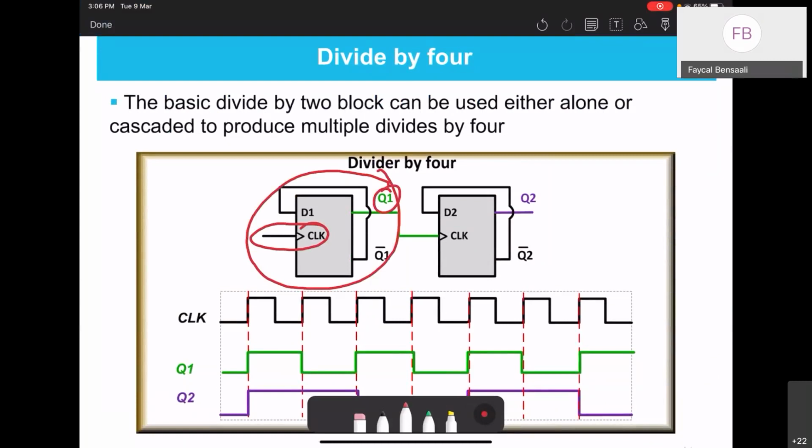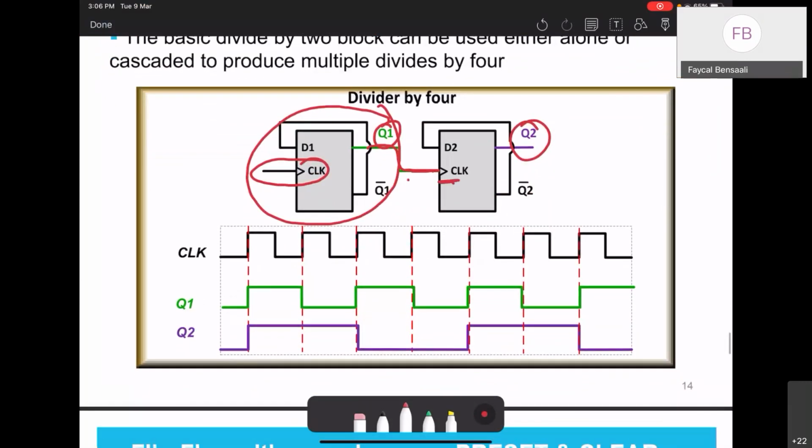Now I'm going to use this as the clock for the next one. So the Q2 will have double the period of the Q1, because the Q1 is now the clock for the next flip-flop. And that's it. I think this is clear, right?